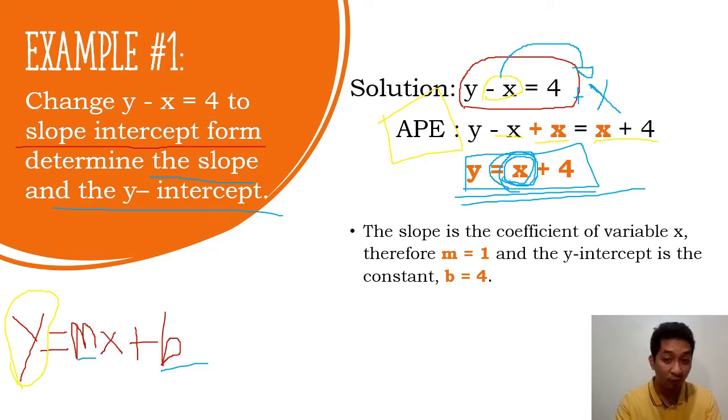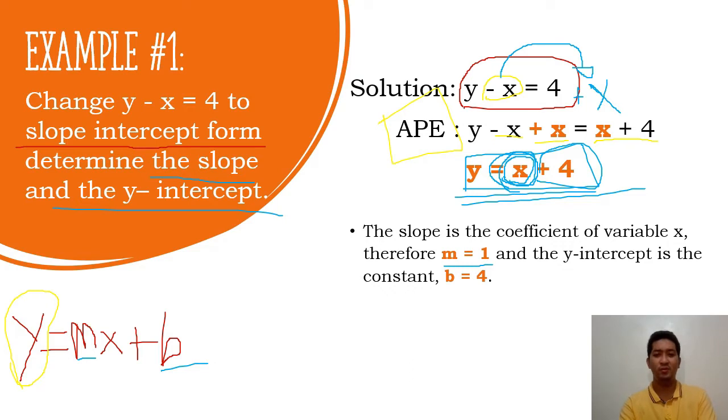And m stands for the slope. So, the slope is 1. And then the y-intercept is simply the constant behind or beside the x. So, that's positive 4. So, the y-intercept or b is 4.